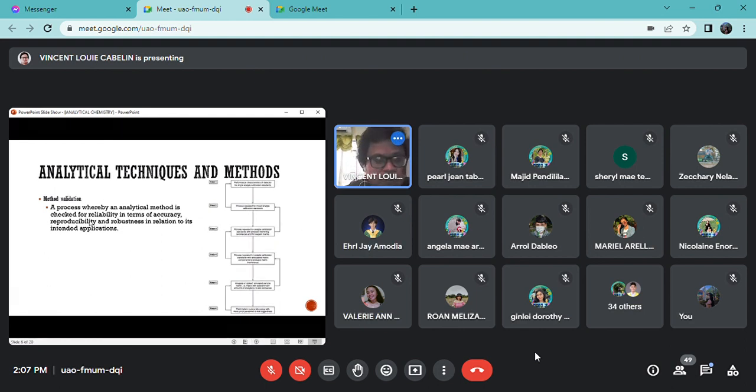Let's continue. Now, next is method validation. A process where an analytical method is checked for reliability in terms of accuracy, reproducibility, and robustness.